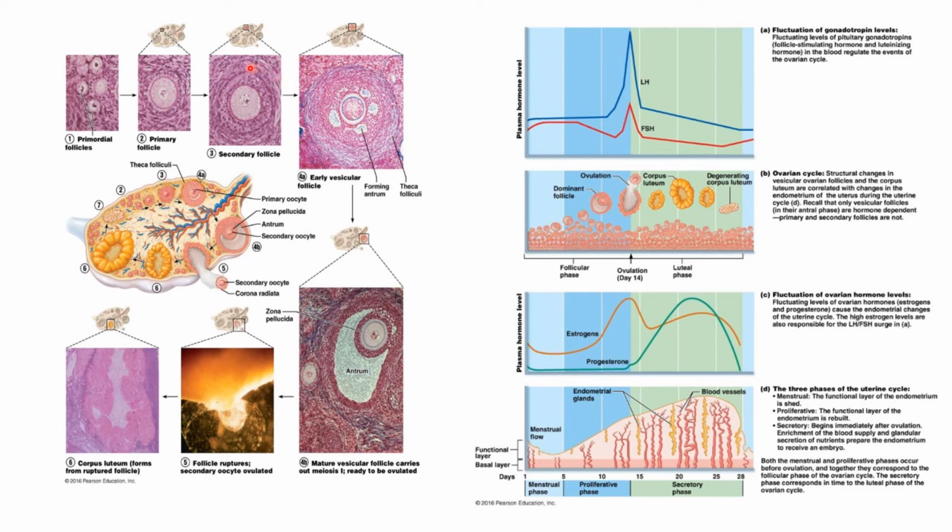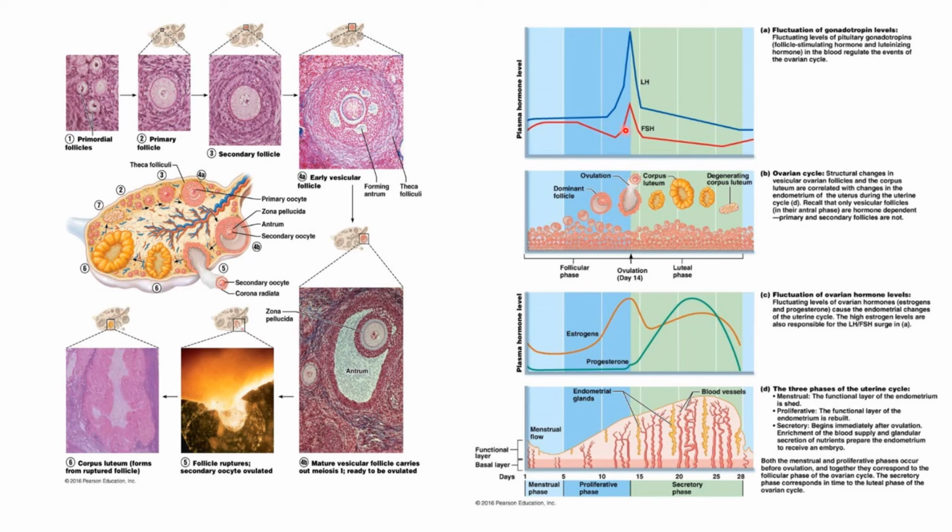And the more follicle cells grow around the oocytes, and you have more layers of them, we start calling them granulosa cells. So by the time we reach the vesicular follicle with the fluid-filled cavity right here, the antrum, we've reached right here, and you can see that dominant follicle, the vesicular follicle.